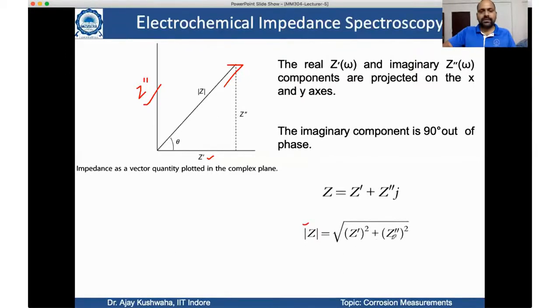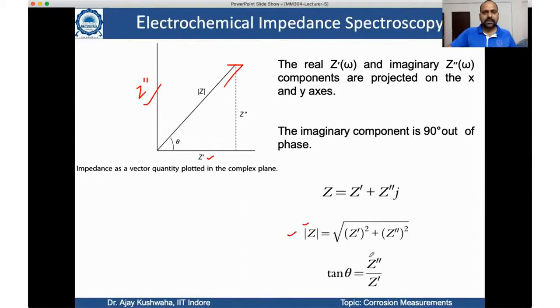So by using this formula, we can calculate the mod impedance. Similarly, the angle theta can be calculated as tan theta is equal to Z'' by Z'. So these are the values by which we can calculate the impedance in a system where we have an AC signal or AC input.